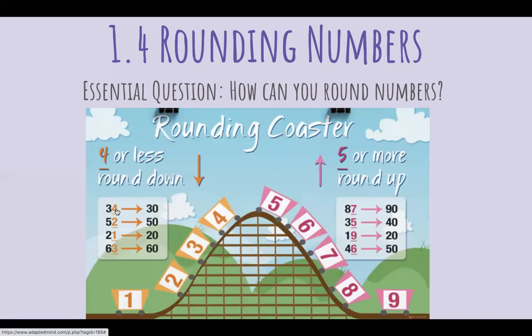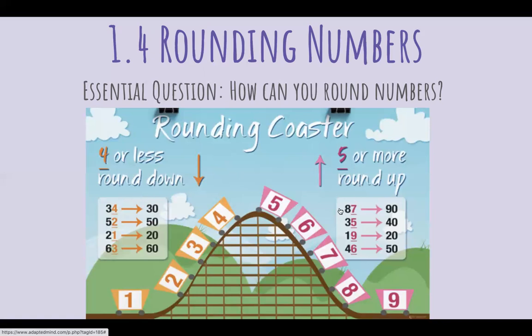The number next door to the tens is a 4. That digit is telling me it's 4 or less, so that means I have to round down. So 34 is about 30. I wouldn't say 34 is about 40. I wouldn't go up, because if it's 4 or less, then we round down.